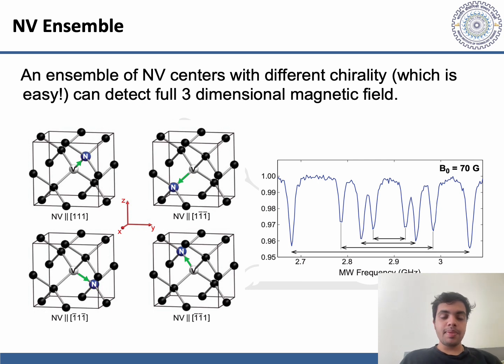If you apply a magnetic field to this and do microwave spectroscopy, depending on the three components of the magnetic field, whichever aligns with whichever NV center, you would have different magnitudes, because you would take different projections of the magnetic field along the direction of the NV centers. This means you would have 4 different transitions in your system corresponding to the 4 directions, and using these 4 different transitions and the differences between them, you can calculate the full 3-dimensional magnetic field present in the system.